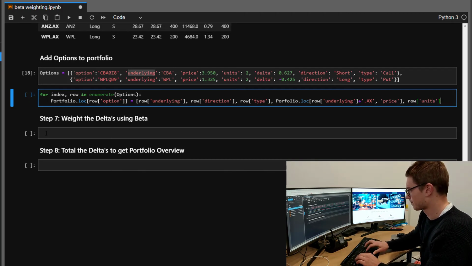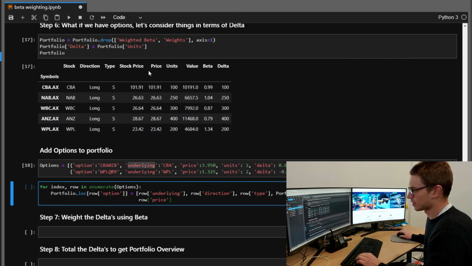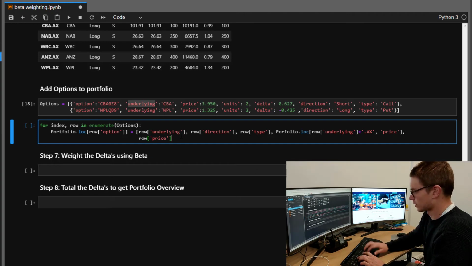I've defined them. Next piece of information we'll want is the row price. Now, here's an interesting one. So we've just got the stock price, now we want the price, which is going to be the option price there. That's fine. Oh, sorry, I've done that the other way around, sorry. So it's price before units.